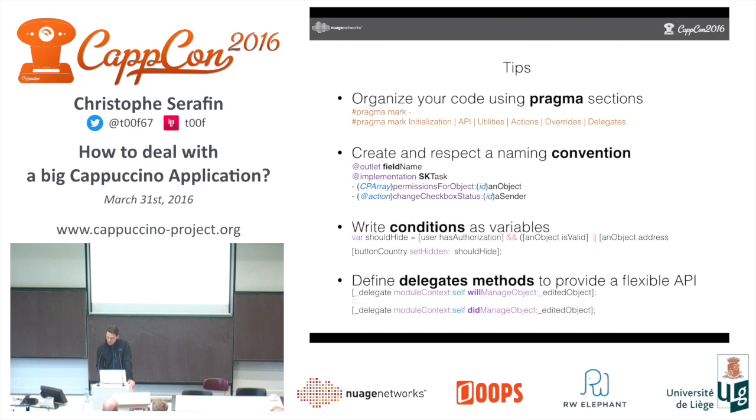Just a simple question. Sure. Would this be a protocol then? I'm sorry? A protocol would be better even. For what? For the naming convention. If you have all these permissions for object, you should do it in the protocol. Well, permission for object is kind of a protocol.